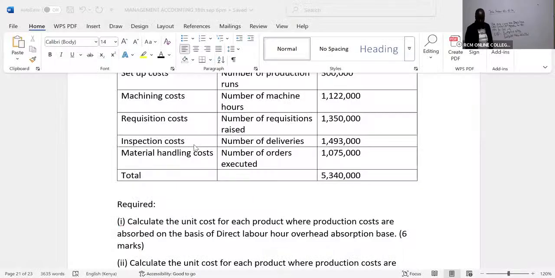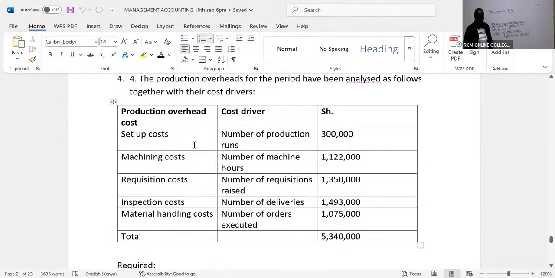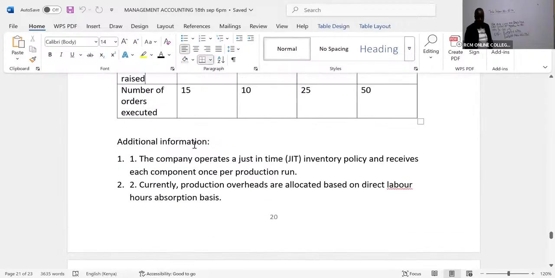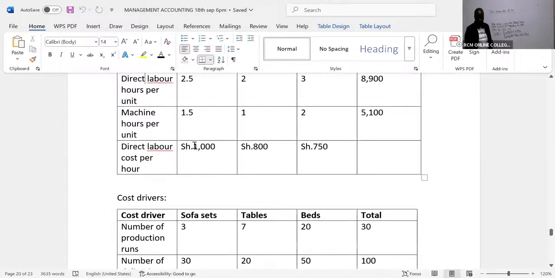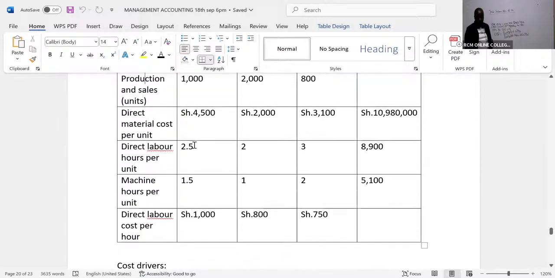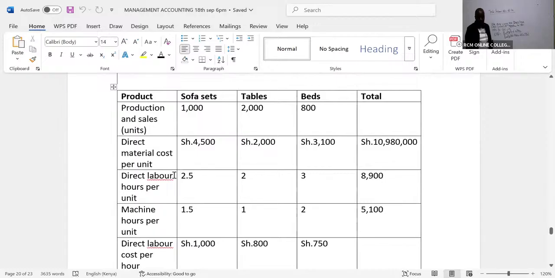Now, ladies and gentlemen, there is a great place they have given us here, the labor hours. Yeah, here. So you can see direct labor hours per what? Per unit. We have direct labor hours per unit, but I'm interested in the total. So if I want to get total, what should I do?